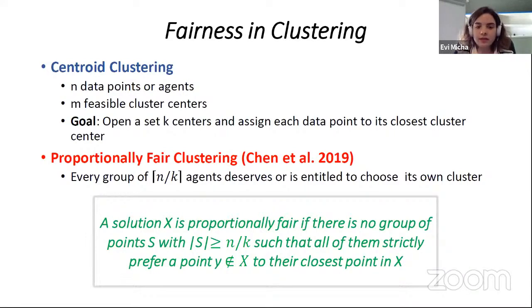Specifically, a solution is proportionally fair if there is no group of size at least n over k such that all of its members can agree and deviate to a feasible cluster center that does not belong in the current solution in order to reduce their distance. So the groups are not predefined, but every sufficiently large group is entitled to choose its own cluster center if all of its members have incentives to deviate.